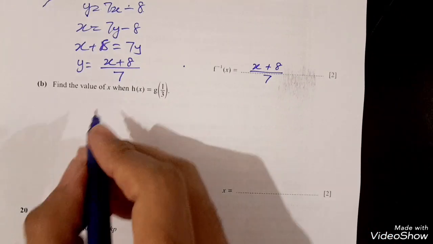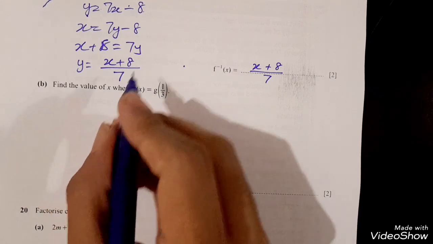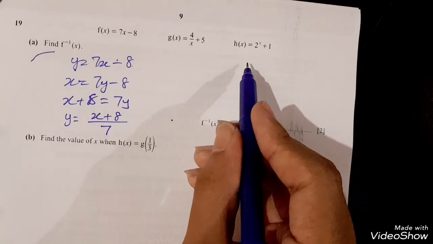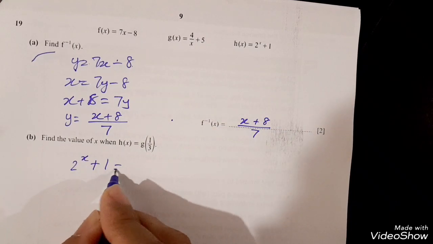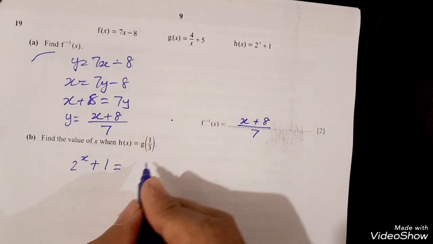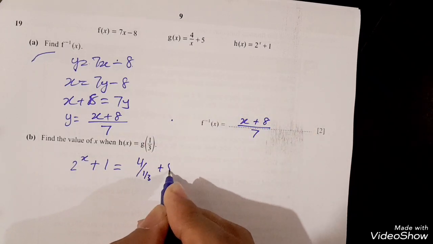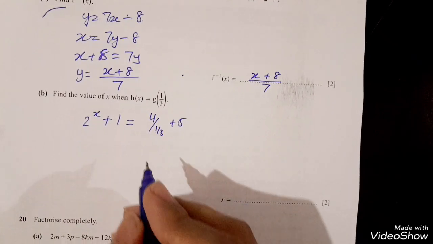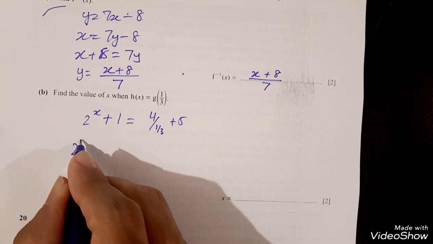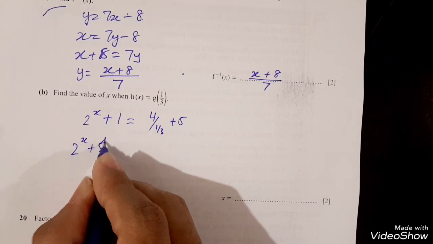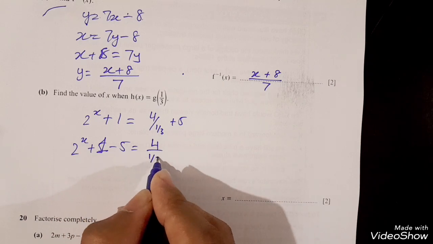Part B states when h(x) is equal to g to the 1 over 3. So h(x) is 2x plus 1 is equal to g, which is 4 divided by 1 over 3 plus 5. So we will first move plus 5 over there. So 2x plus 5 plus 1 minus 5 is equal to 4 over 1 over 3.